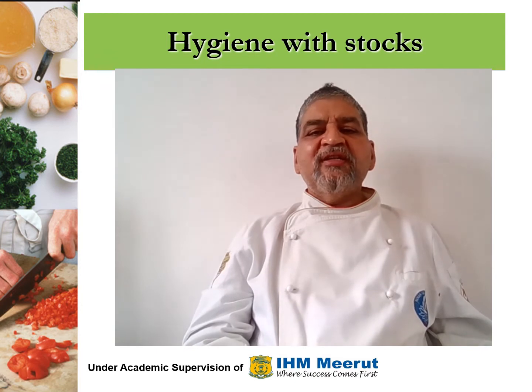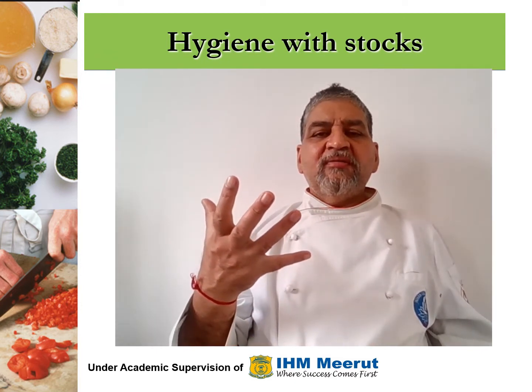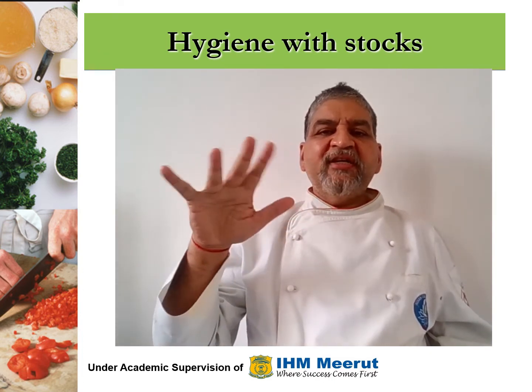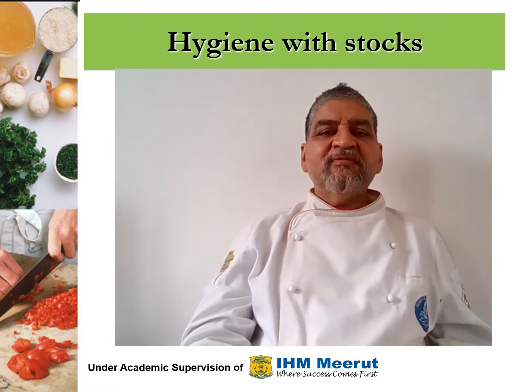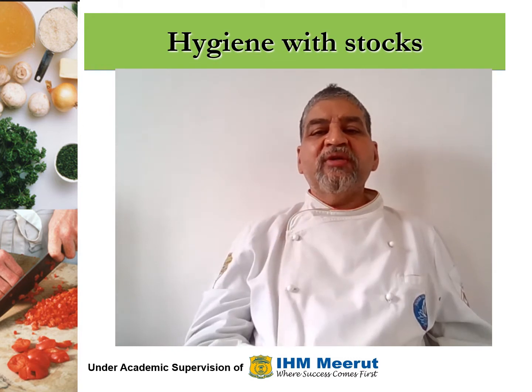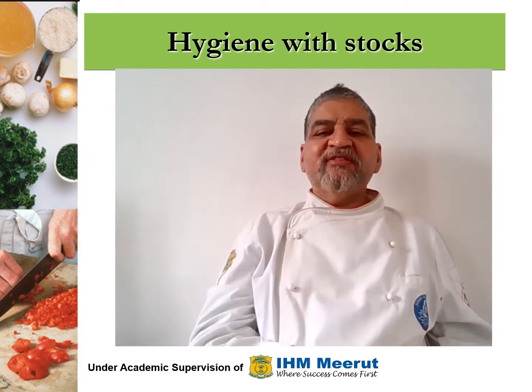Which means to say that the stock should either be kept in a simmering state, where the temperature of the stock is about 95 and above, but not boiling, because boiling will make the stock cloudy, or the stock should be below 7 degrees centigrade.